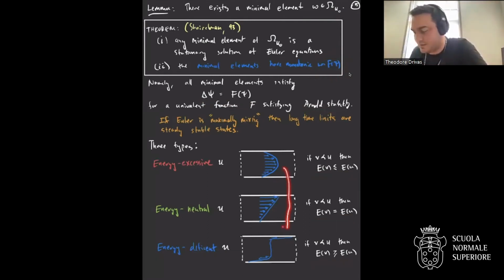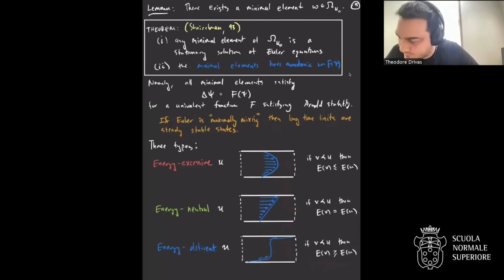And they roughly correspond to pictures like this, which are the two types of Arnold stability criteria, and the one sort of neutral one, Couette flow with constant vorticity. Okay.